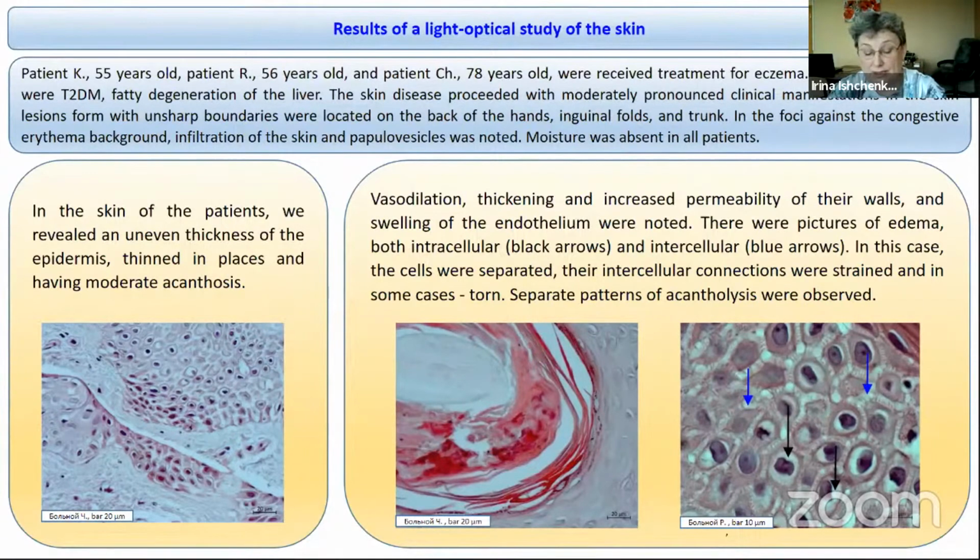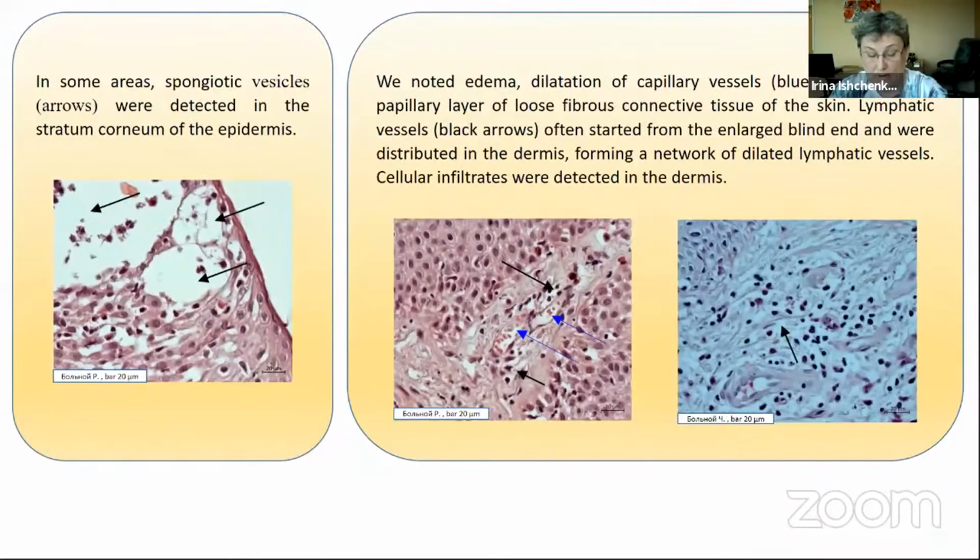The skin lesions with unsharp boundaries were located on the back of the hands, in the folds, and on the trunk. In the foci, against the background of erythema, infiltration of the skin and vesicles was noted. Moisture was absent in all patients.